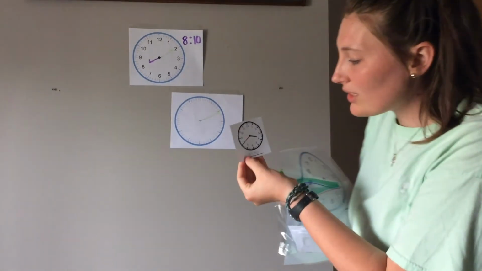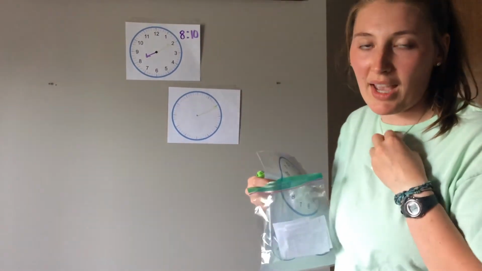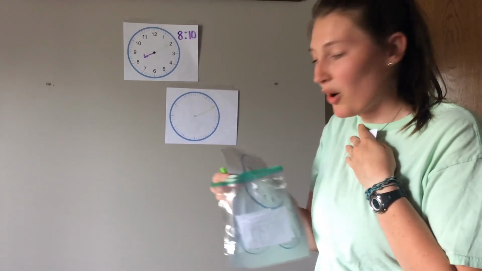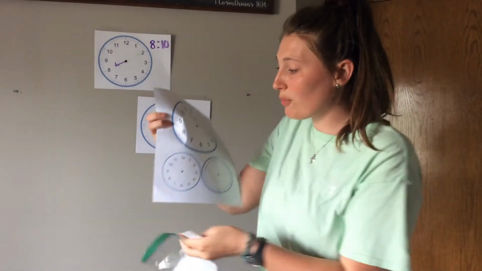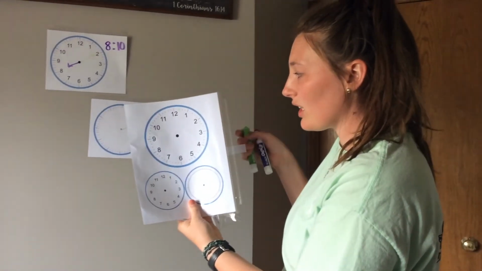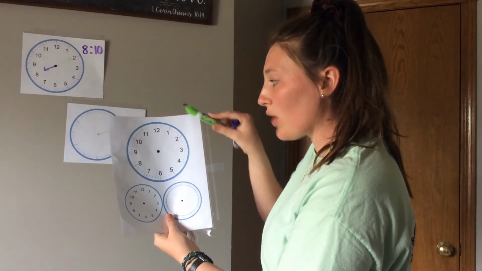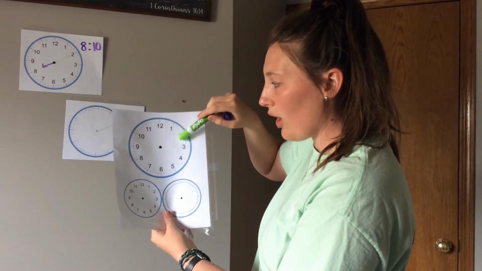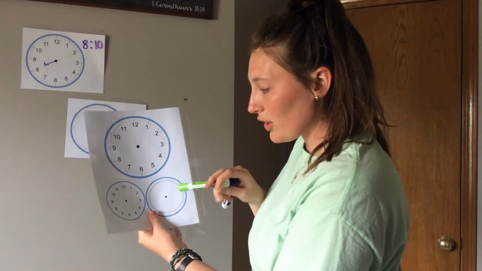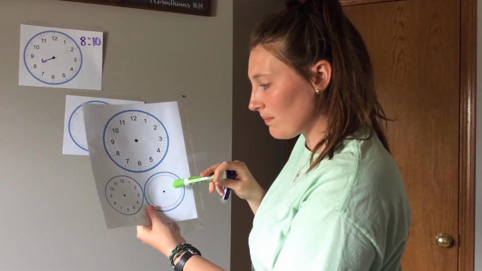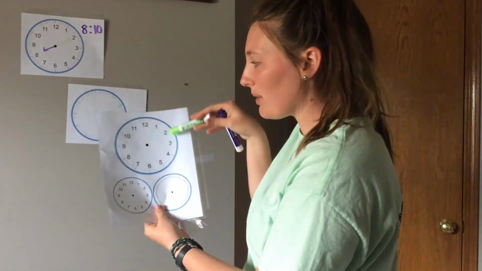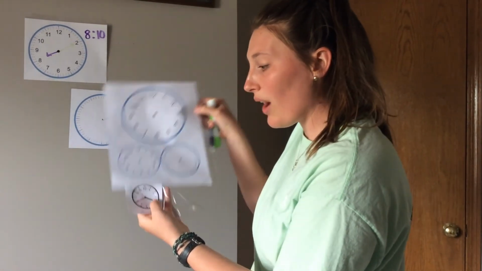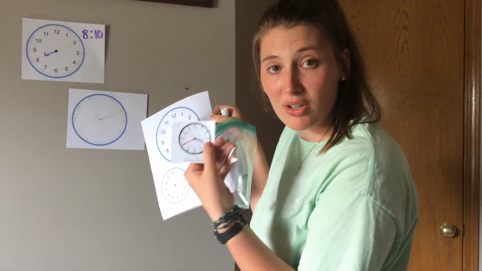So you're going to look and you're going to say, oh, it says 3:40, okay? So now you're going to tell your partner, you'll say, please draw 3:40. Your partner is going to take this clock and they are going to draw 3:40 on this clock. They're going to show the minutes here and the hour here, and then they're going to put it all together up here. Okay, so you have a picture of what the clock should look like on here.